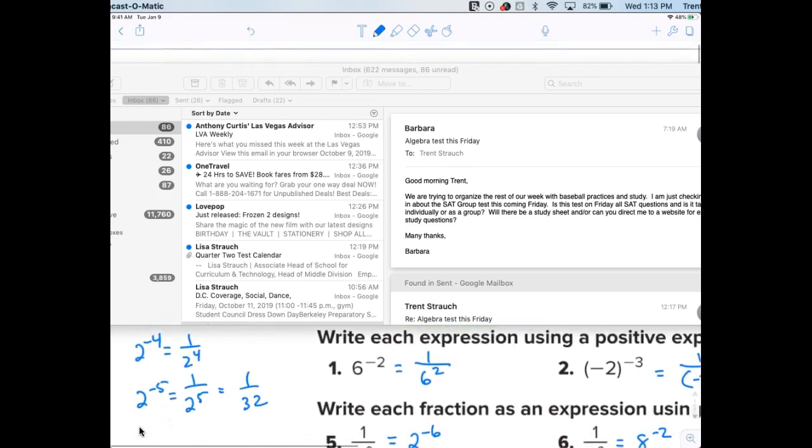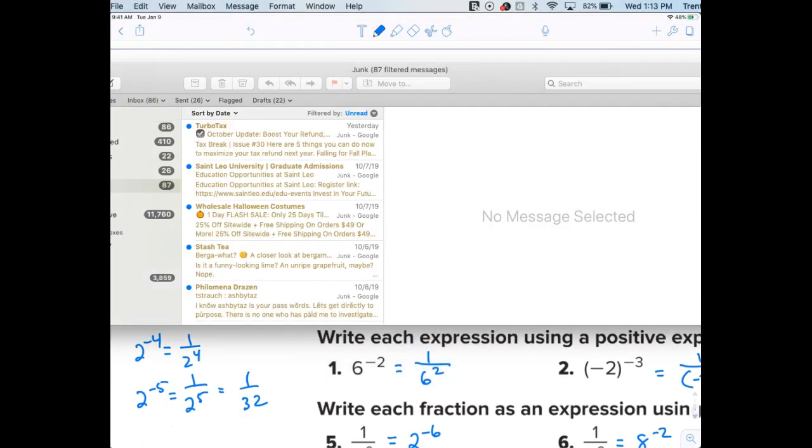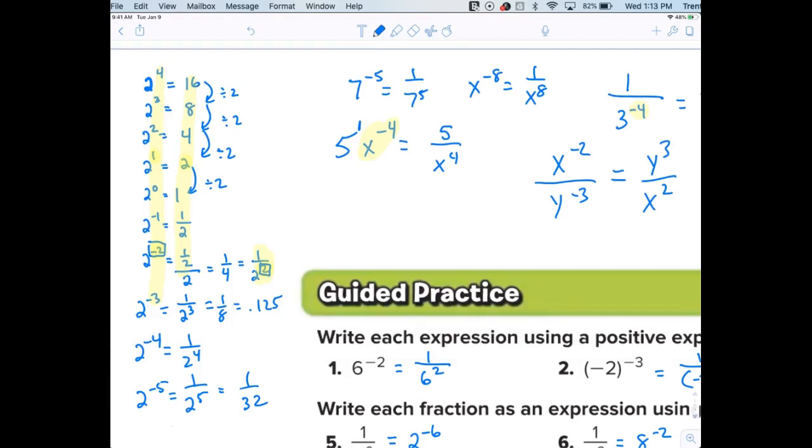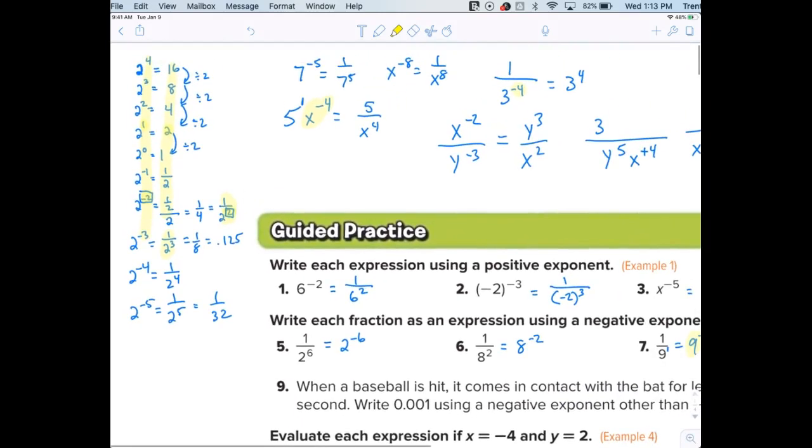This right here was the absolute biggest thing that we did. I started out with 2 to the 4th and we did all the patterns. And I went down and I showed you that 2 to the negative 3 was the same as 1 over 2 cubed, because of the patterns that were established. That's why. And I used to say, who made up the rules? It wasn't a rule.